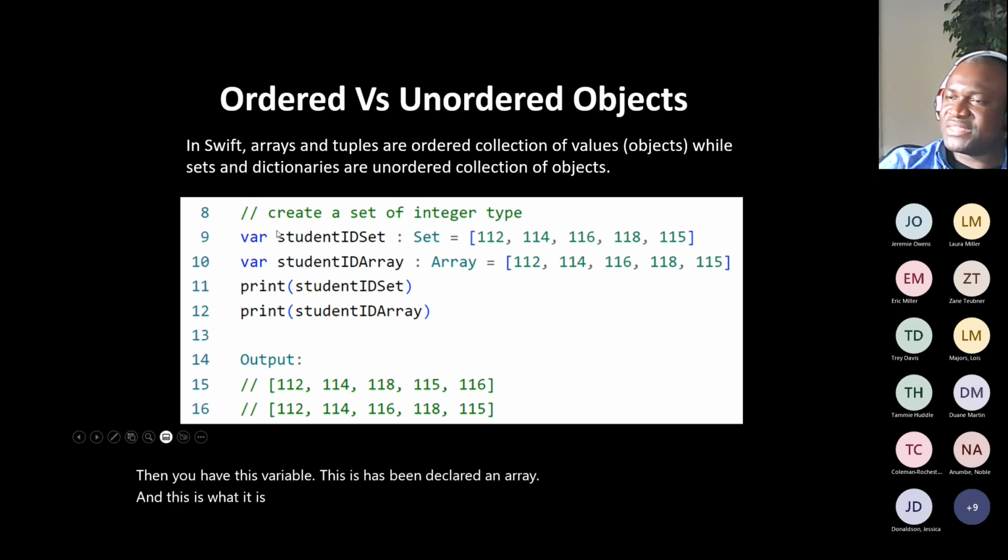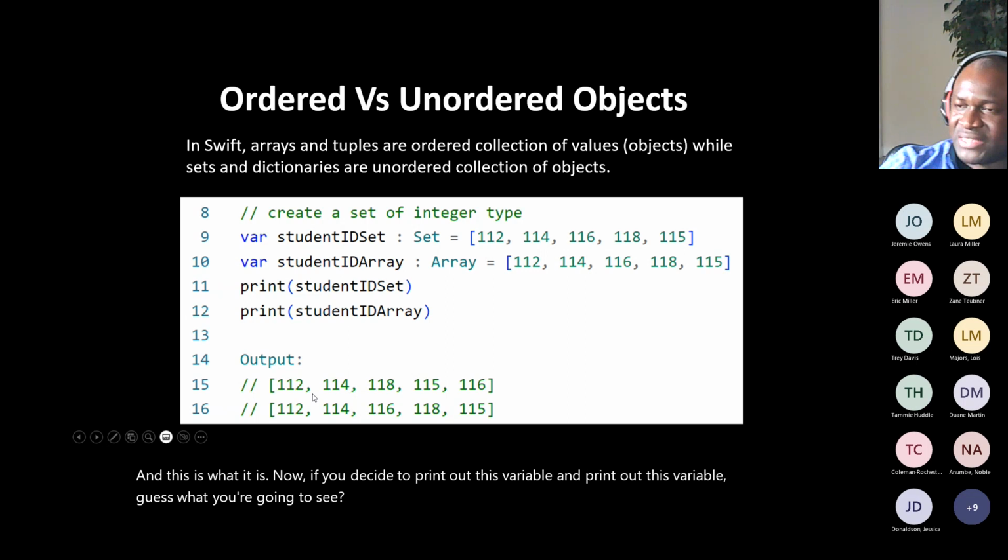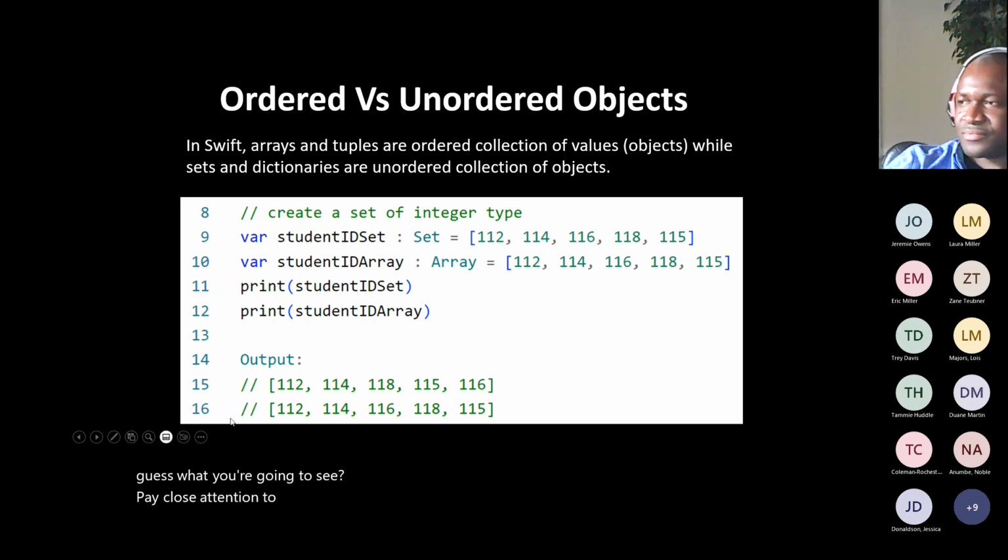Now, if you decide to print out this variable and print out this variable, guess what you're going to see? Pay close attention to the output, right? The array reports the same thing: 112, 114, 116, 118, 115.